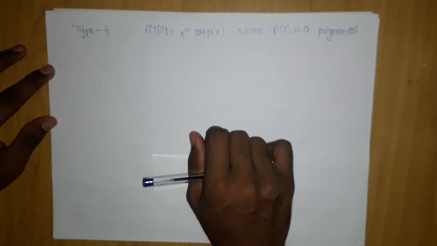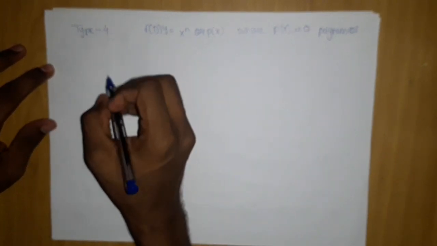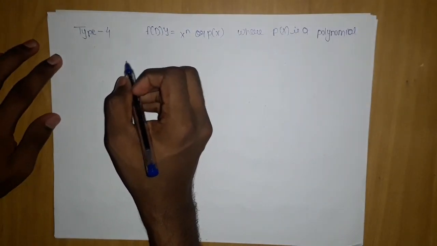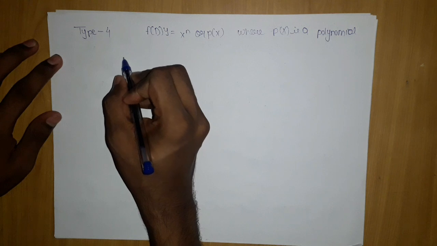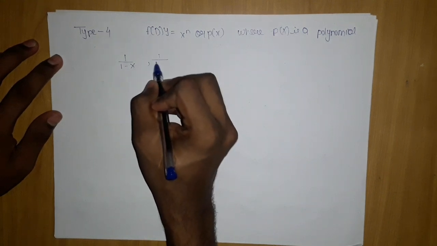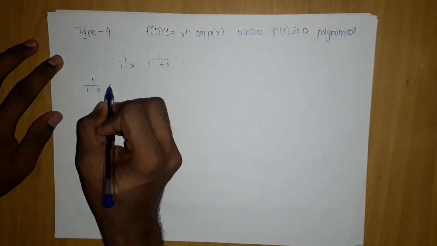Now let's try to understand this thing. Here Maclaurin series, okay, you need to remember these two series to solve these types of problems. The two series are the expansion series of 1 upon 1 minus x and 1 upon 1 plus x. You should know these two series expansions. Let me write here. The first one, 1 upon 1 minus x, is very simple.